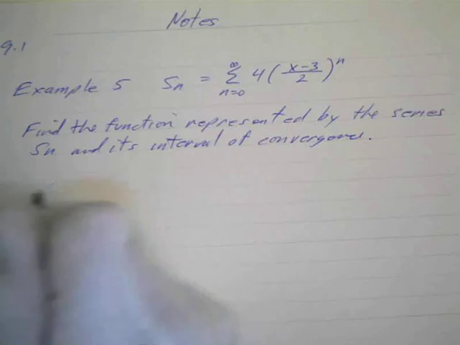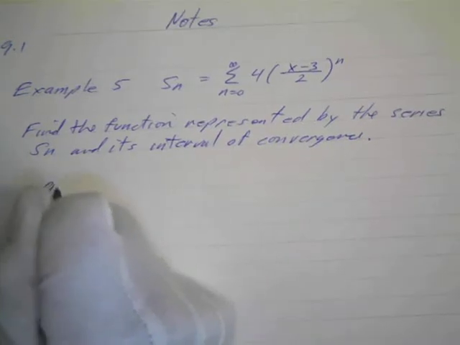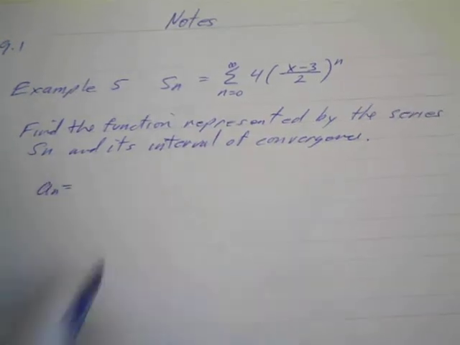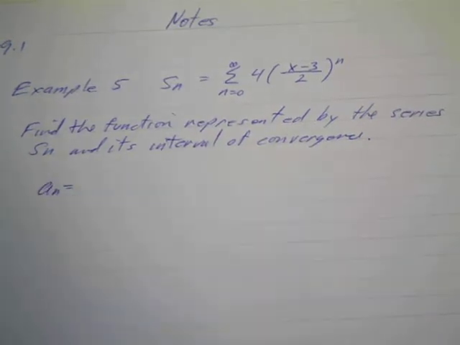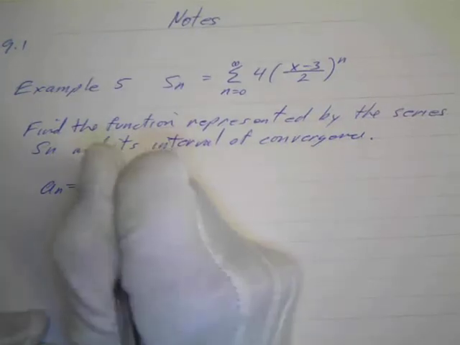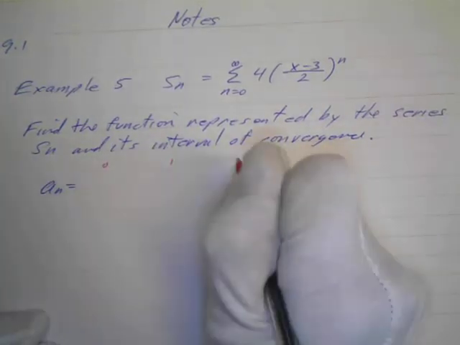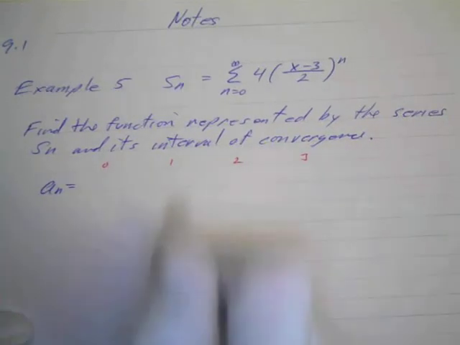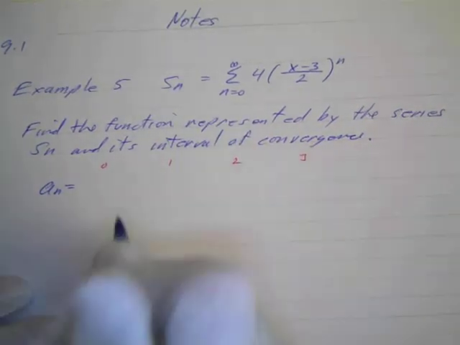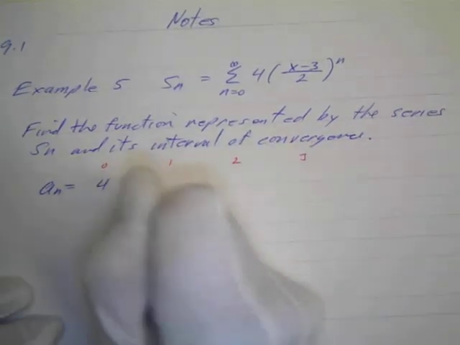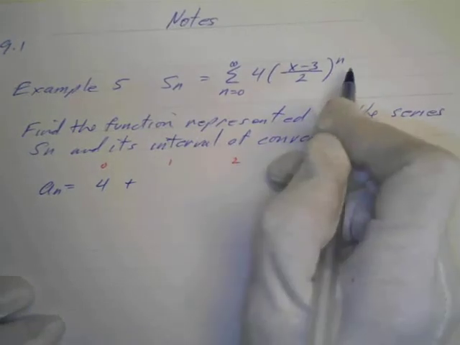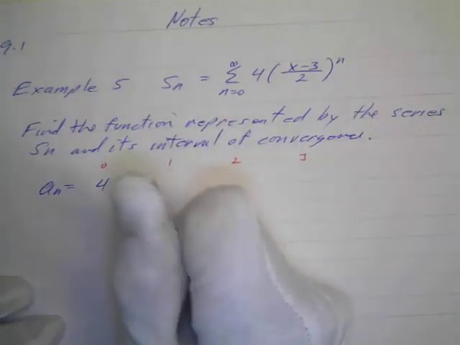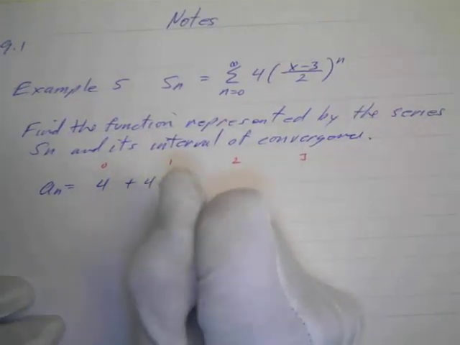So we could write a sub n. And when n is 0, try a few terms here: 0, 1, 2, 3. So when it's 0, we just have 4. Plus, when n is 1, we have 4 times (x minus 3) over 2.